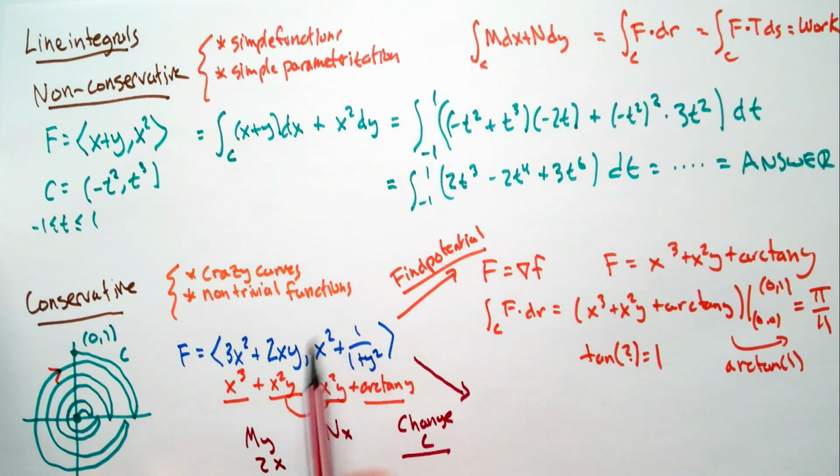When you take the derivative of the second term with respect to x, what do you get? 2x. If they match, it's conservative. So you can show something is conservative even if you can't find the potential. So in our case, how do we change C? The answer is make C the nicest curve you possibly can. What's the nicest curve that goes from 0, 0 up to 0, 1?